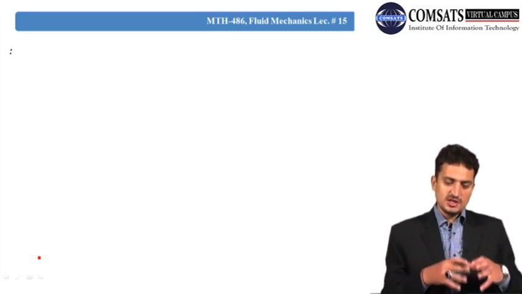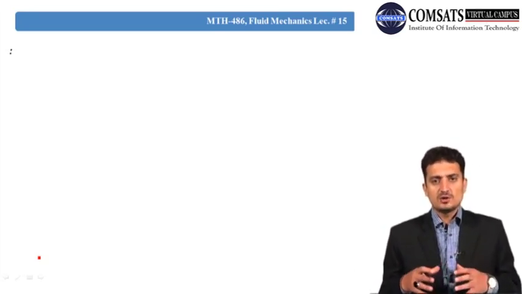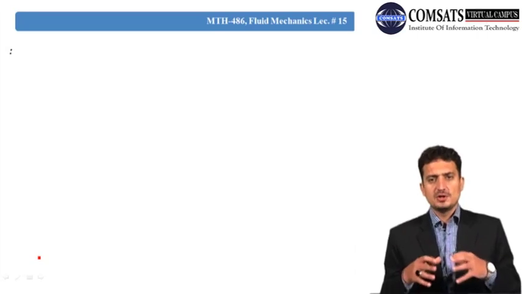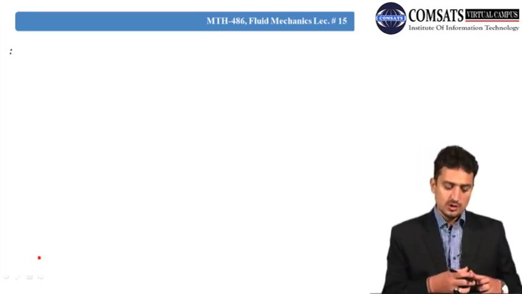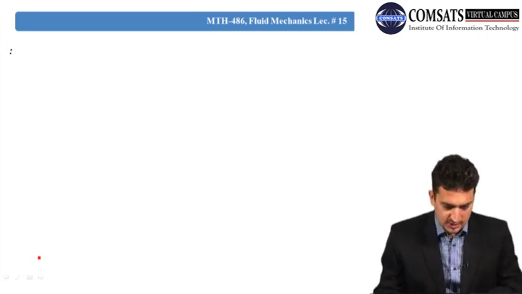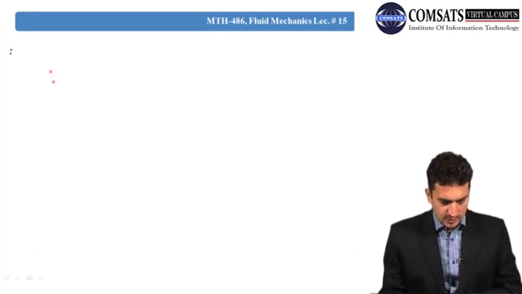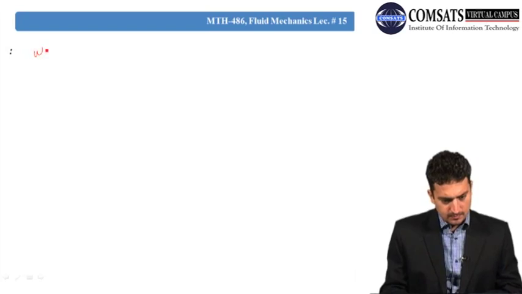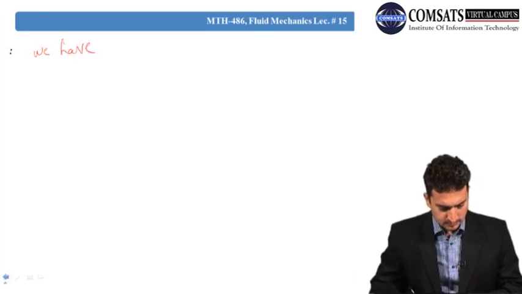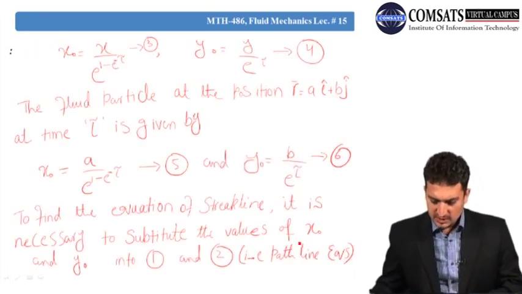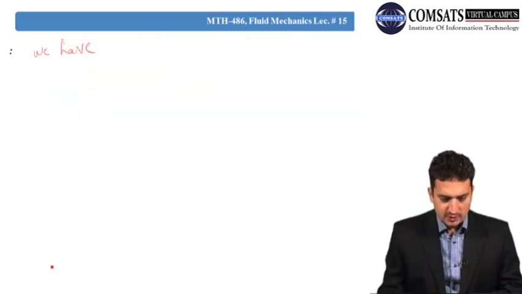बट अब स्ट्रीक लाइंस के लिए हम x नॉट y नॉट की पर्टिकुलर वैल्यू, t की एक पर्टिकुलर वैल्यू जिसको हमने टाउ का नाम दिया, उसके लिए सब्स्टिट्यूट कर रहे हैं इनटू इक्वेशंस ऑफ पाथ लाइंस. एंड यू विल सी how it works. ये x नॉट और y नॉट की वैल्यू हमने 1 और 2 के अंदर सब्स्टिट्यूट कर दी.